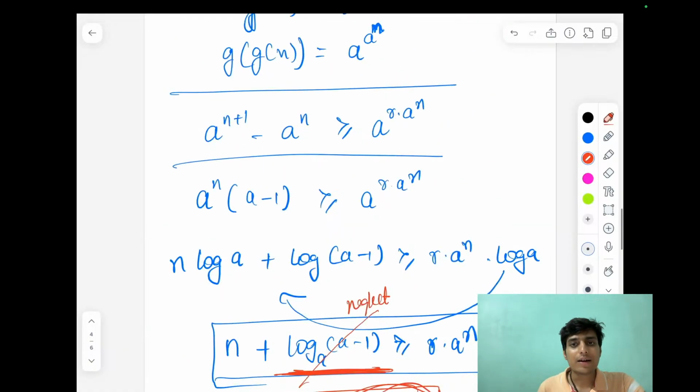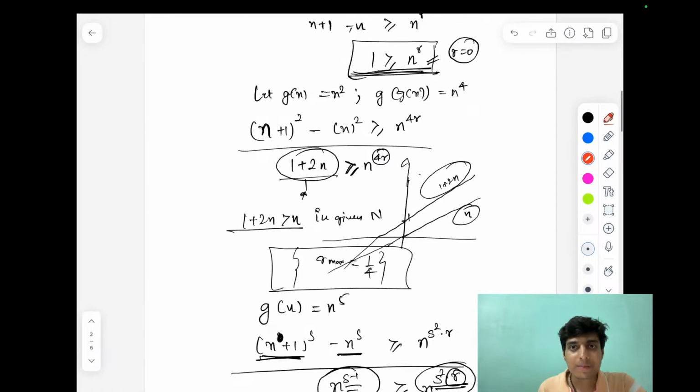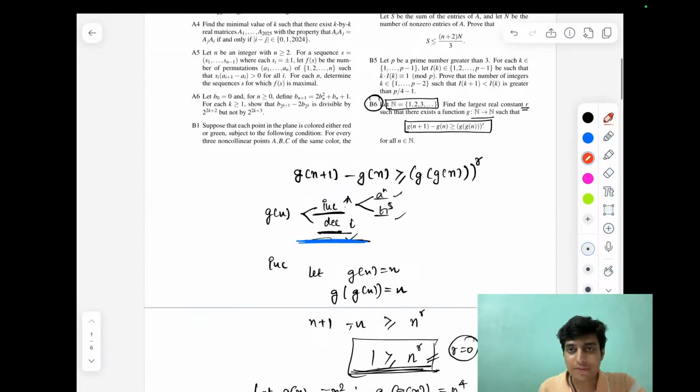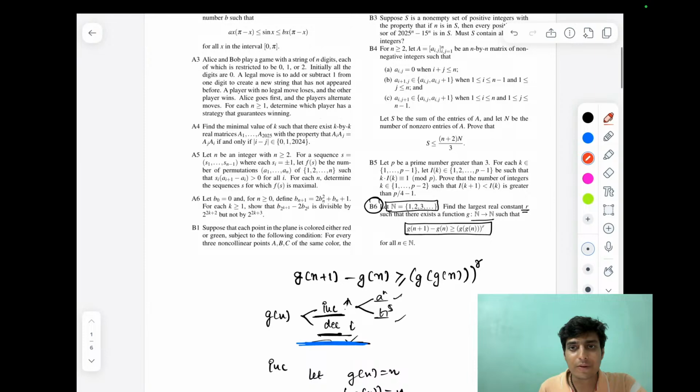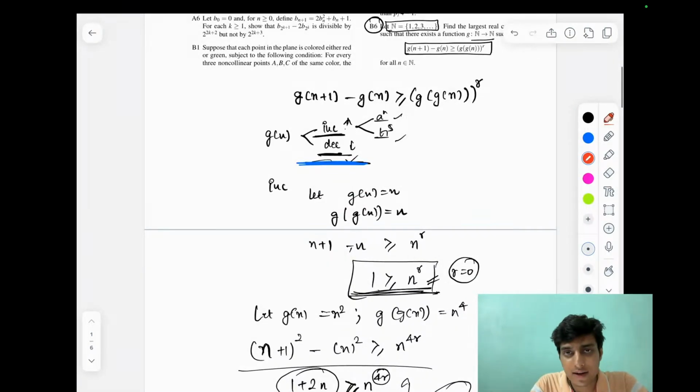That's it, guys. We have solved the problem B6 of the Putnam competition, and we have taken simply the condition that g of n can be either increasing or decreasing. We have n to the power s and a to the power n, because these two kinds of increasing function could be there, and we have to check also for decreasing.